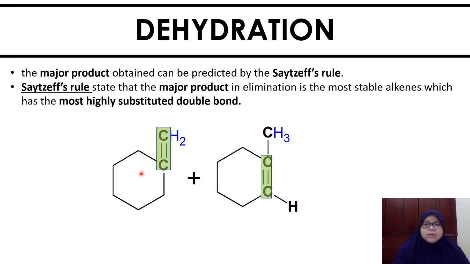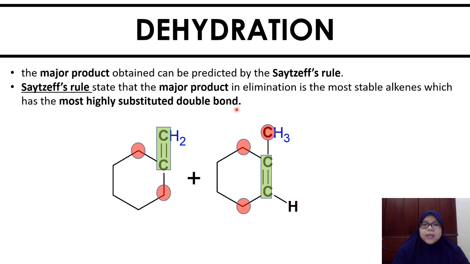When we look at the product on the left side, the double bond is attached to 1 and 2 carbons. The product on the right side is attached to 1, 2, 3 carbons.